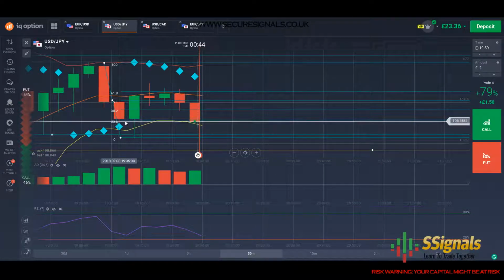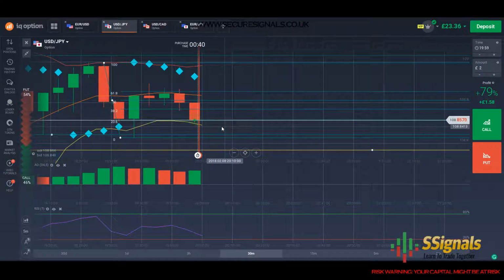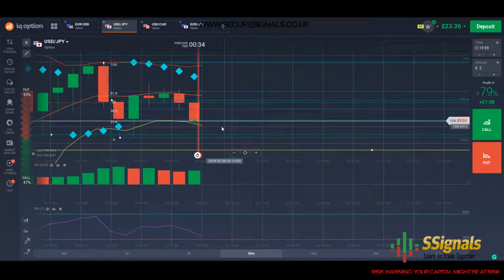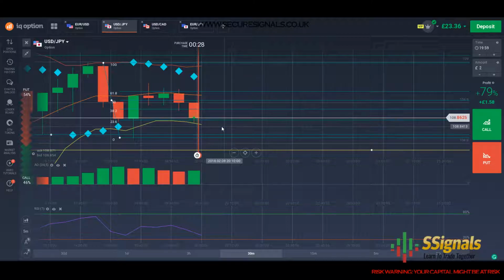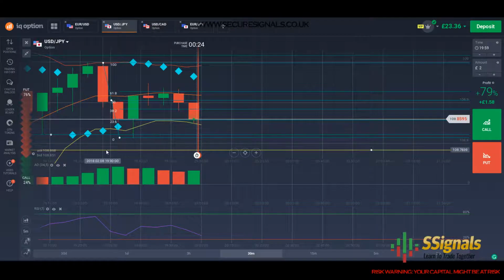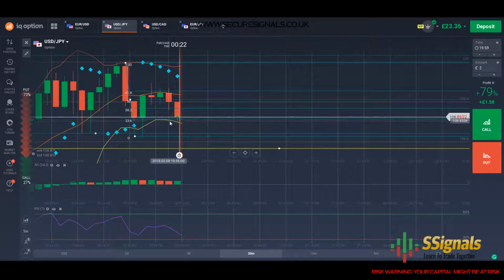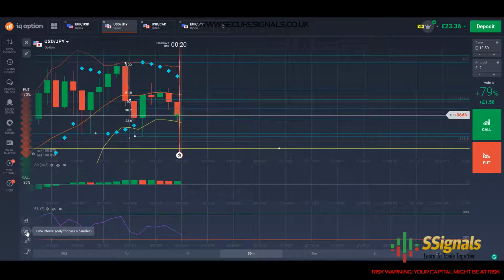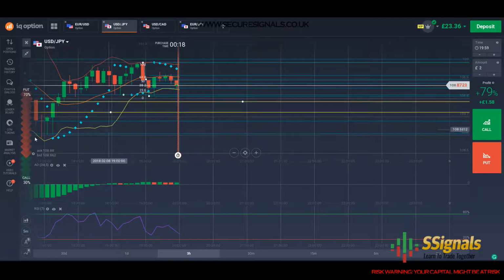If it closes below 236, I think it's gonna go downwards, to be honest. Okay, so it's really looking like price wants to push up more than go down.